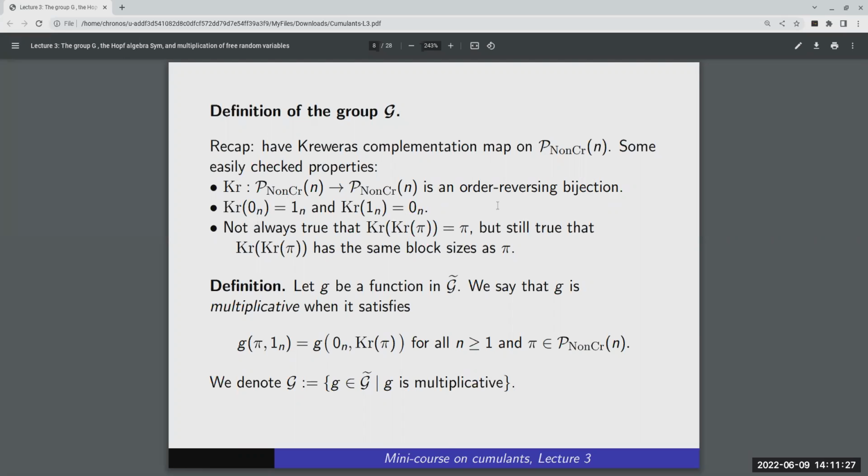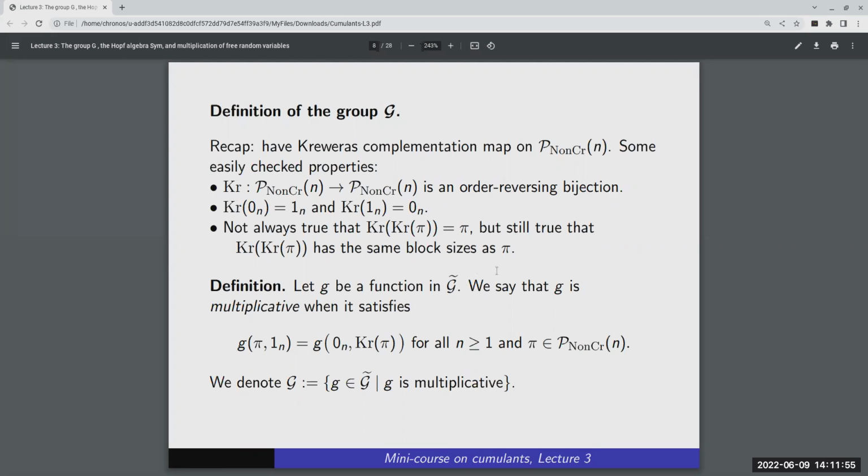It swaps these two elements, but in general, if you apply it twice, you don't get exactly pi. You get a cyclic rotation of the labels of pi. So there is still some good symmetry here: if you apply it twice, you get a partition which is not exactly pi, but has the same block sizes as pi, because you are just cyclically permuting the labels.